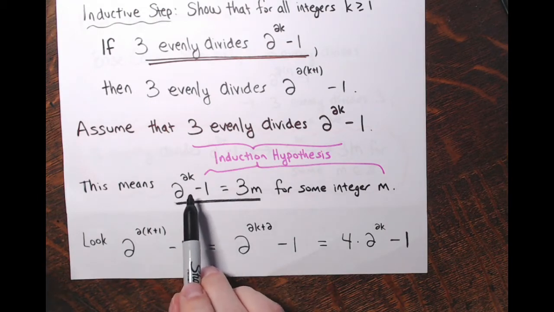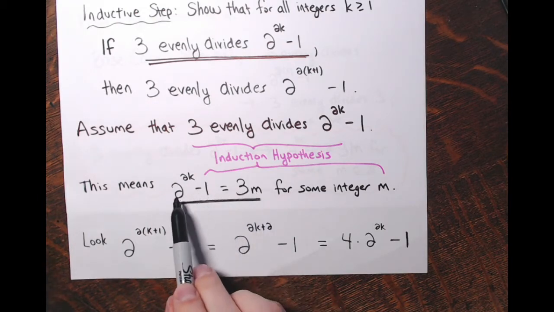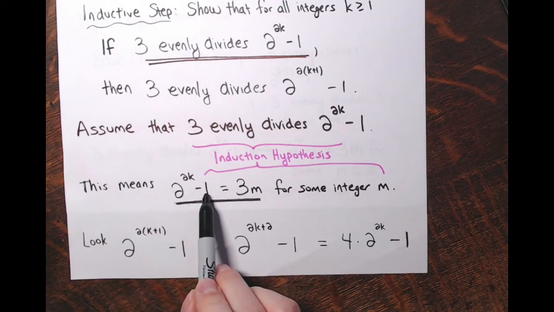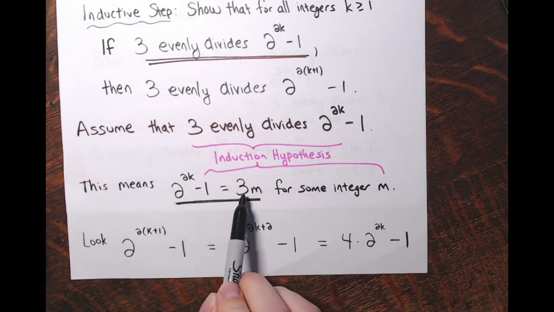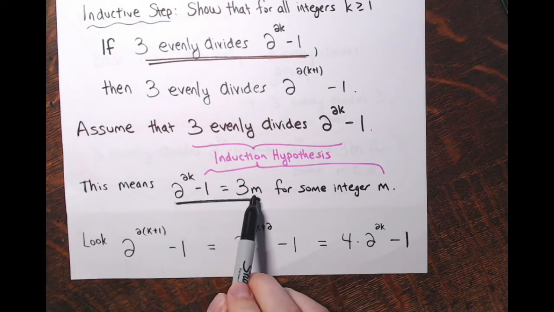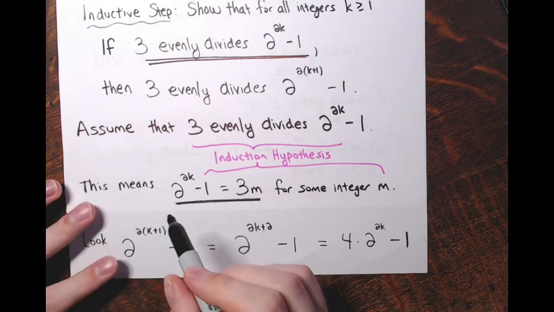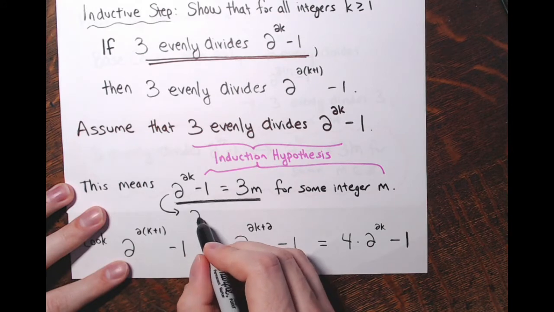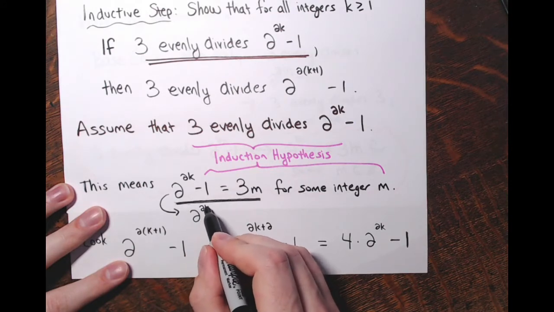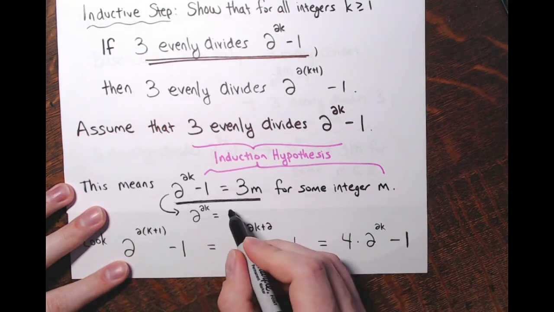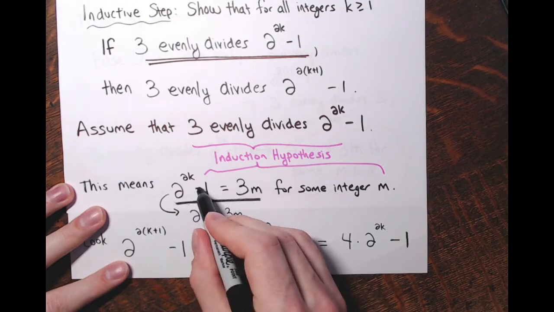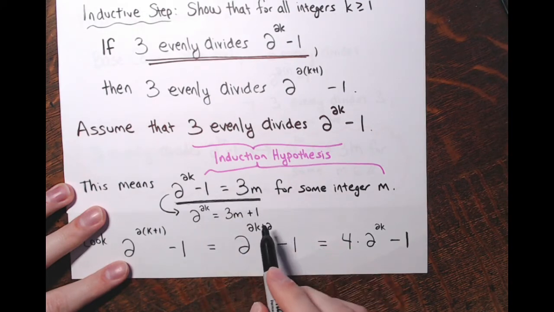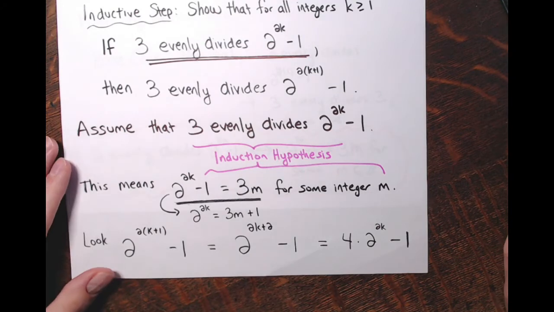We have assumed this to be true, that 2 to the 2k minus 1 is equal to some multiple of 3, 3 times m, where m is an integer. Now if I play with this a little bit, that would mean that 2 to the 2k is 3 times some integer m plus 1. And this is where we're going to use our induction hypothesis.